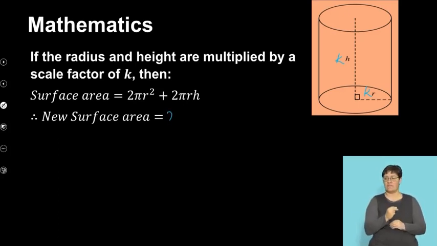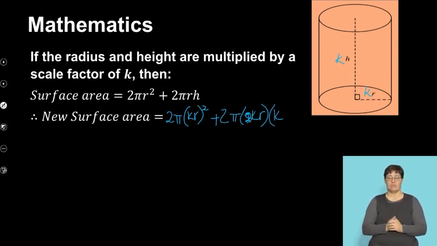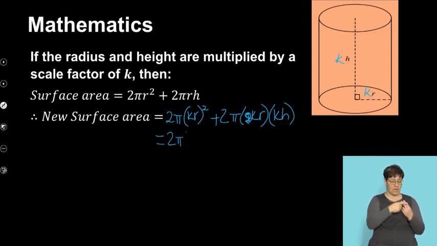So I'm going to have 2 pi times my radius squared, and my new radius is kr, so it's going to be kr squared, plus 2 pi times my new radius, which is kr, and my new height is kh. So if I simplify this, it's going to be 2 pi k squared r squared plus 2 pi k squared r h.